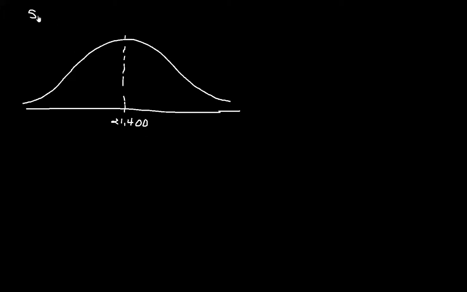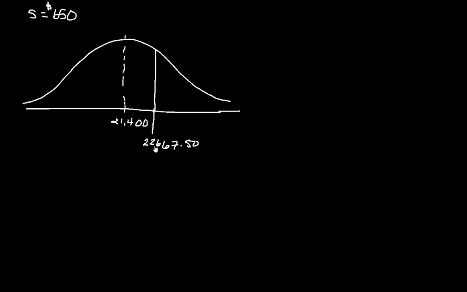So I'll write it up here. Standard deviation is $650. The question is, what is the probability that the profits will be less than 22,670? So 22,670 is more than 21,400. So I'm going to draw it here, even though it may not be to scale, but I will say that this is 22,667.50, and it's less than 22,947.90.